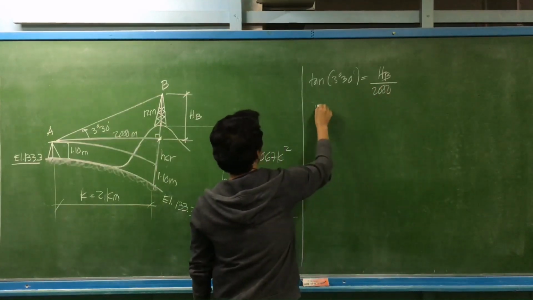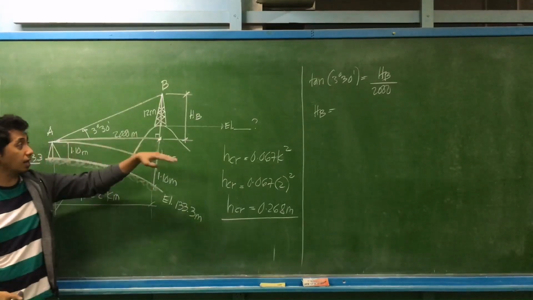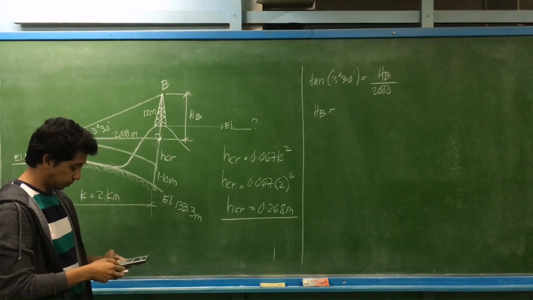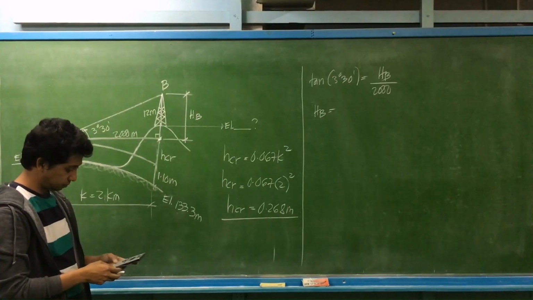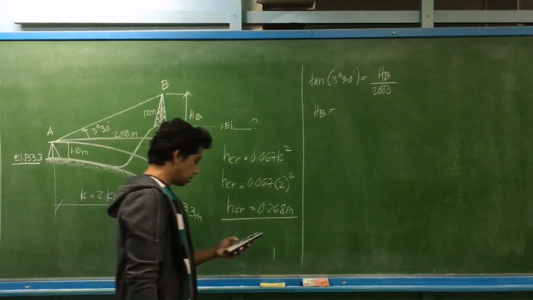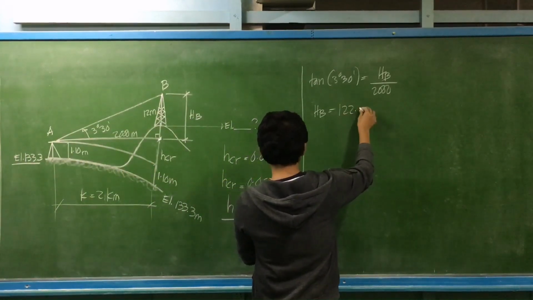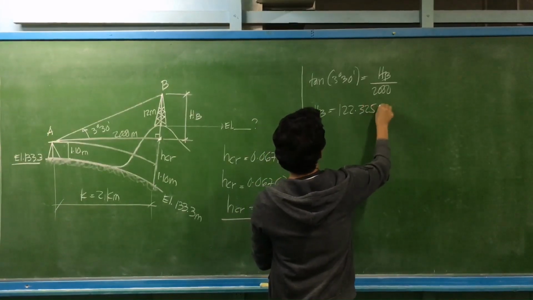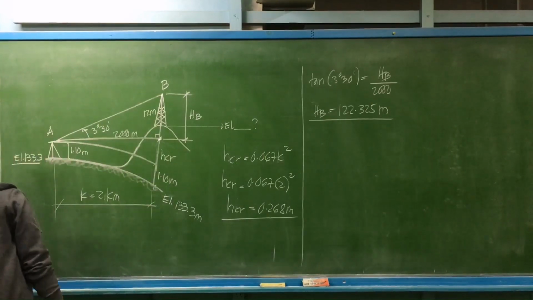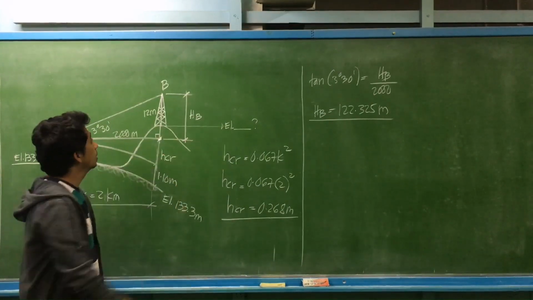So we have h sub B, ano yung height mula dun sa horizontal line of sight papunta sa top of the tower. Then it will be equal to 122.325 meters.